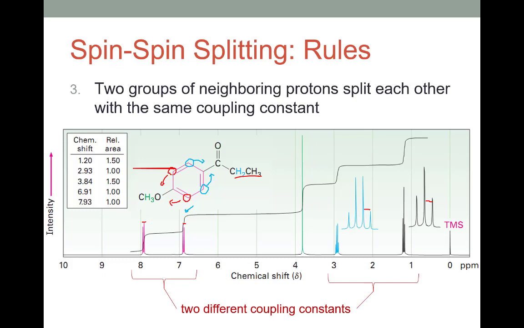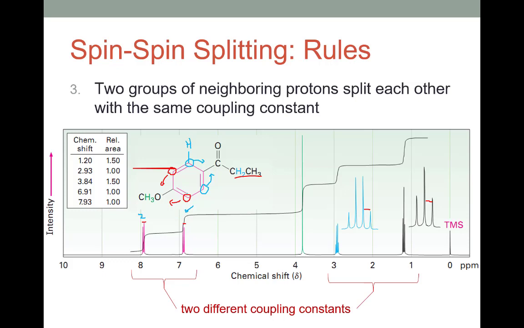Either way, the red protons are being split by the blue ones, and the blue ones are being split by the red ones. Each of these positions has 1 hydrogen sticking off of it if we were to be explicit. And so the peaks are being split into doublets, so 1 neighbor. So we want to think about it that way. The hydrogen at this top left corner has 1 neighbor to split it.